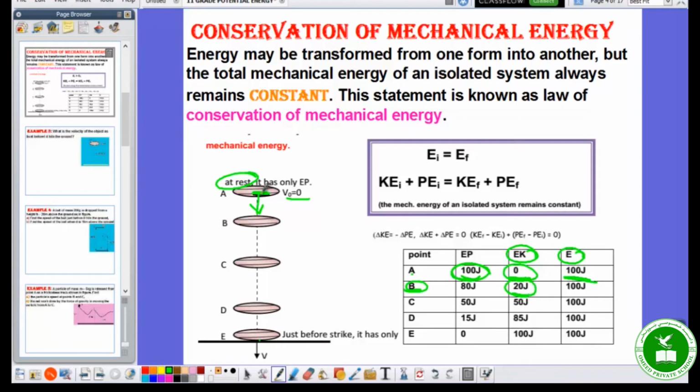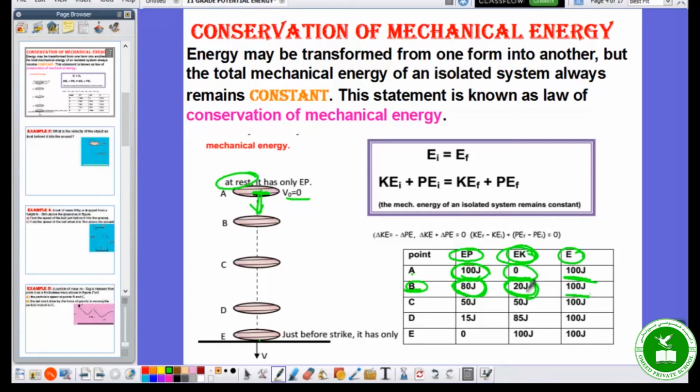You see, as it moves downward, height is decreasing. If height decreases, potential energy also decreases. Kinetic energy increased by 20, potential energy decreased by 20, and finally it became 80. If we add potential energy and kinetic energy, it becomes mechanical energy.